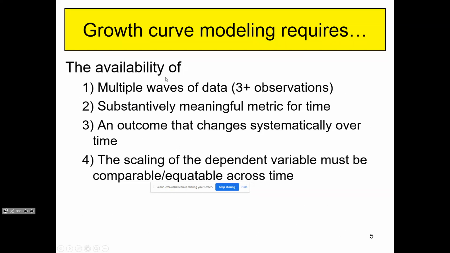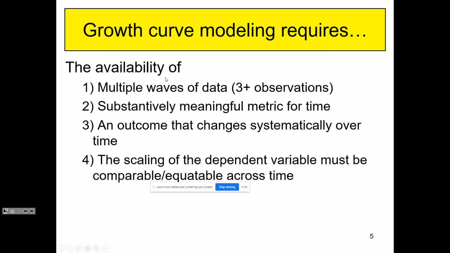This is really important: I need to have some sort of substantively meaningful metric for time, and it should be equal interval-ish, right? We're going to think of this as our time clock. We need some sort of a clock, and that's going to clock the passage of time in our data. Because again, this just makes sense, right?